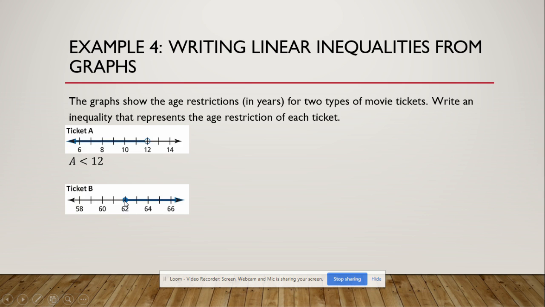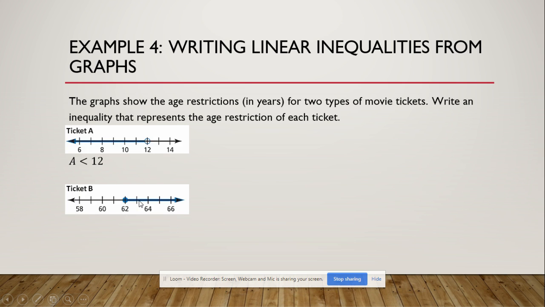Ticket B, we start at 62. This one is filled in. All right, so in the former one, if a kid had just had his 12th birthday, he can no longer buy ticket A. He doesn't qualify as a kid anymore. However, in this one, the moment someone turns 62, they're going to qualify for this. 62 is a solution. It also means we're going to use the or equals to symbol.